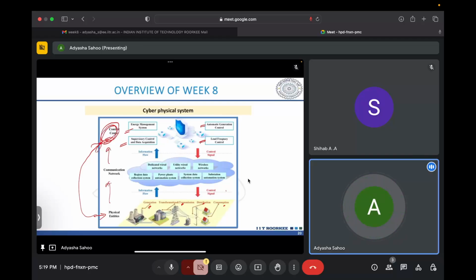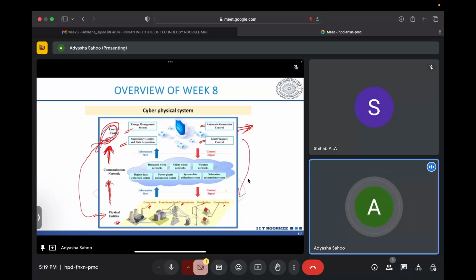The PMUs will be located at the physical layer, and they will communicate this information to the control center. Then using those data, the control center will do various power system studies, and then it will give the control action back to the physical layer through the communication system.